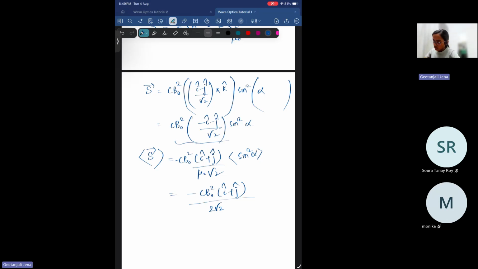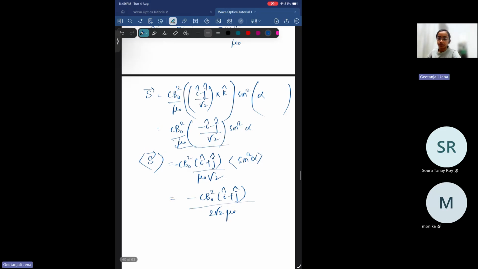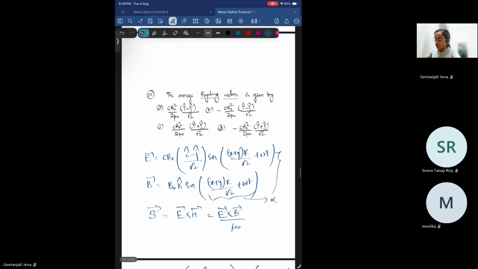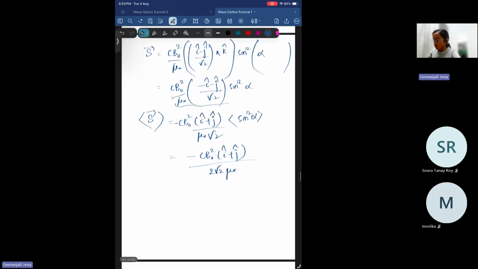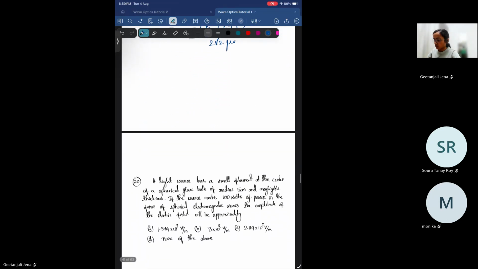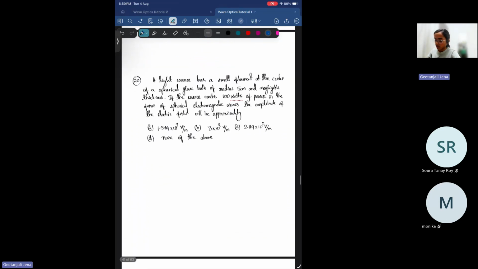I think there is a mu naught also here. So the answer is option D. I think we have two more questions, then we'll move to our questions related to weight.